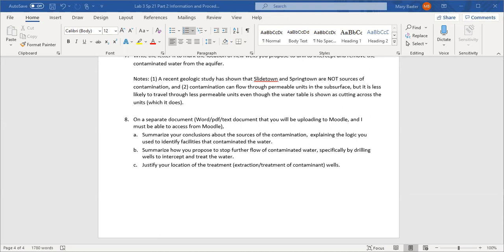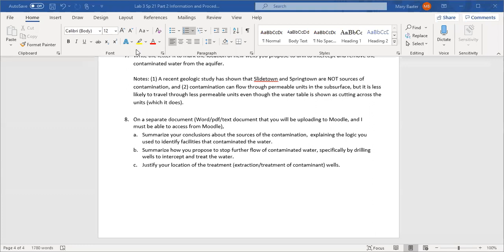So be thorough, right? You have to address all three of these things. If by chance you have more than one contamination site, then you have to say these things for every contamination site that you encounter, that you realize that you have, having mapped the map area with the data from the wells and springs and rivers.